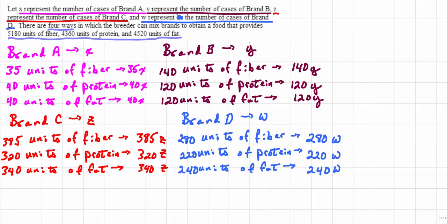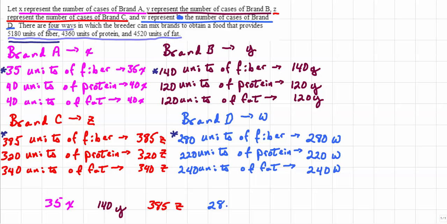So we start off with fiber. The fiber is going to be 5,180 units. So we're going to mix this part right here and this part right here to yield 5,180 units of fiber. So we end up with 35x, 140y, 385z, and then 280w.